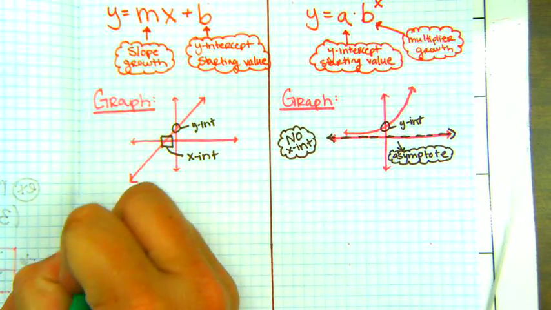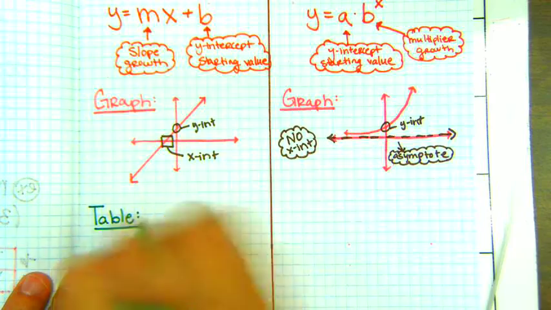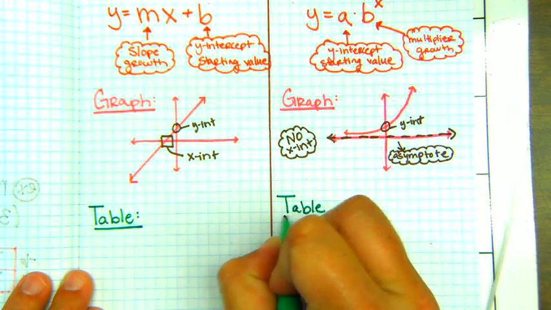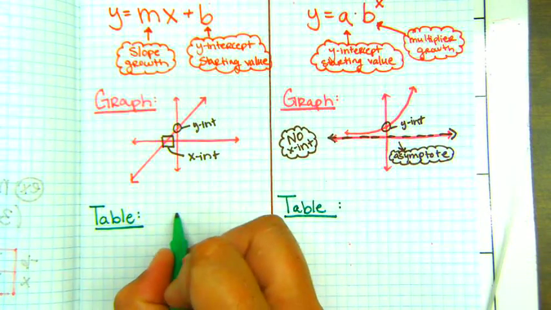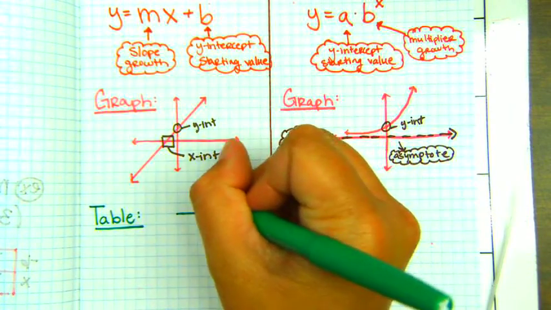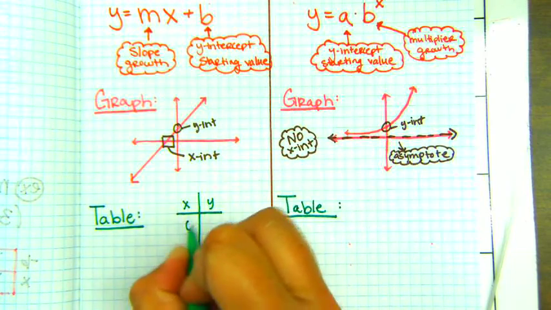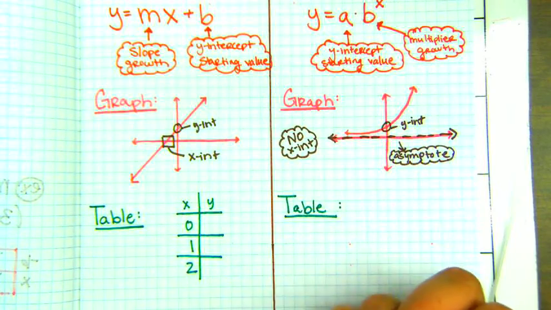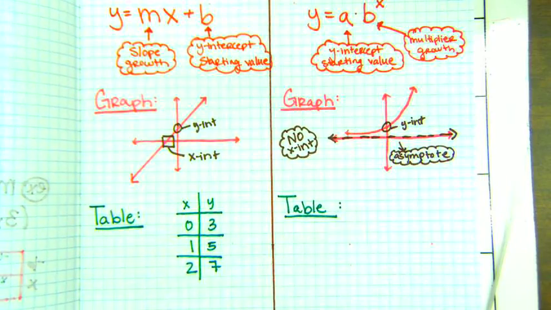So I want to show you a table for each. So for example, a linear function, we could have 0, 1, 2, 3, 5, 7.